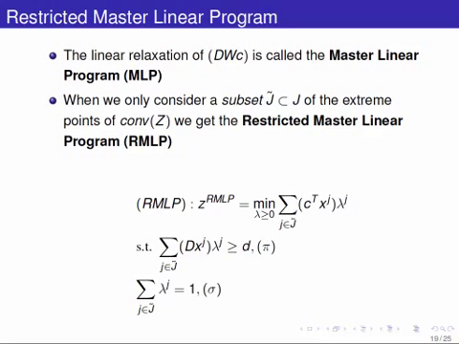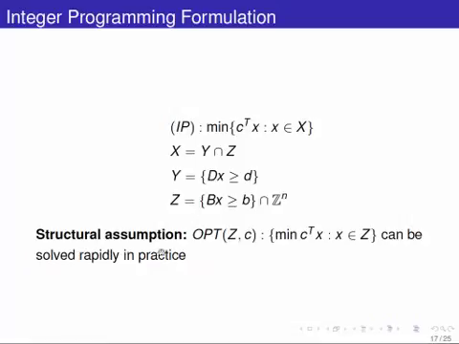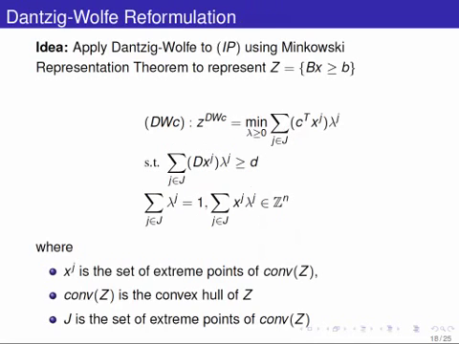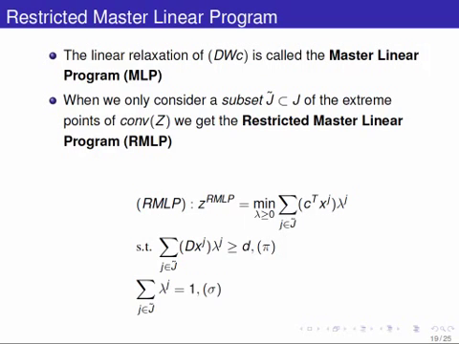Now, the one crucial thing to note is that the subproblems will be easy. So basically, we started by solving this problem by observing that if I did not have these constraints and I only had these guys over here, this problem would have been easy to solve. Now we're going to arrive at that as a subproblem in our decomposition.